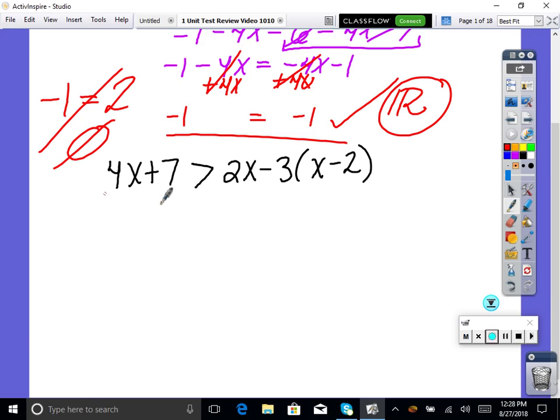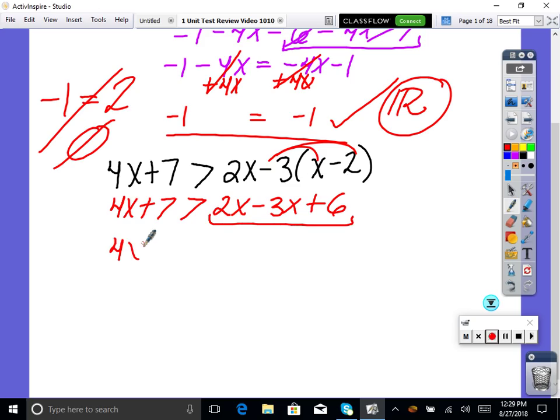Okay, with this one, now we have a greater than sign. So we solve the same way, being careful. Combine like terms on each side. So 4x plus 7 is greater than 2x. Distribute the negative, don't mess up on that. Minus 3x plus 6. So then combine these. 4x plus 7 is greater than -x plus 6, solving for x.